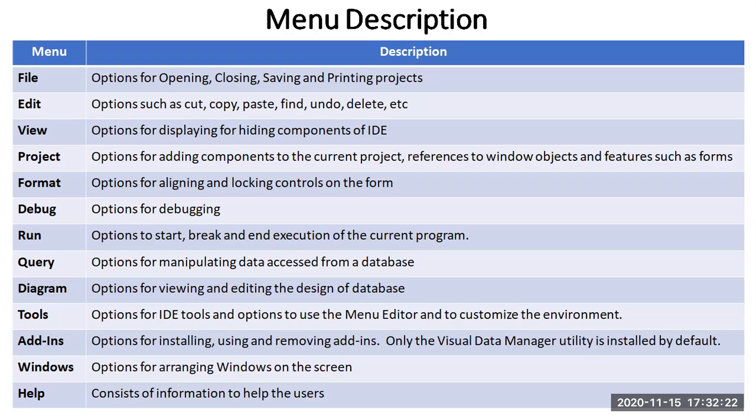The Tools menu has the options for IDE tools, the menu editor, and customizing the environment. The Add-ins menu has the options for initializing, using, and removing add-ins. Only the Visual Data Manager utility is installed by default. The Windows menu has the options for arranging the windows on the screen, and the Help menu consists of information to help the users.